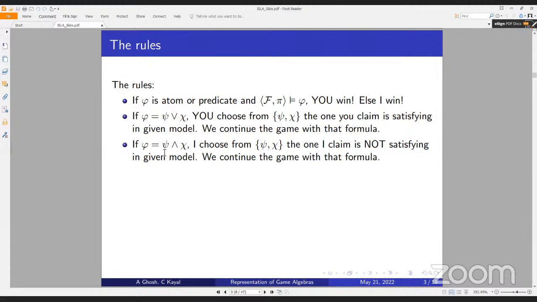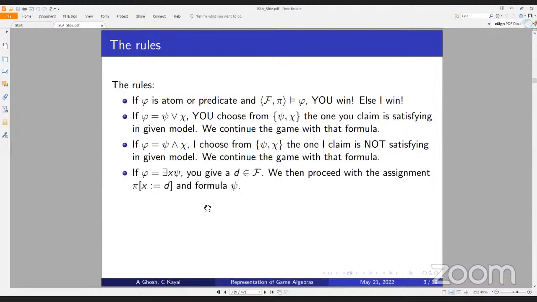So I will give you another subformula among these two, and we shall continue the game with the same claims with that subformula only. And if the formula is like there exists x such that psi, since you are trying to prove the truth, you give me an element from the domain, and we proceed the game by assigning x to that value, with the subformula psi.